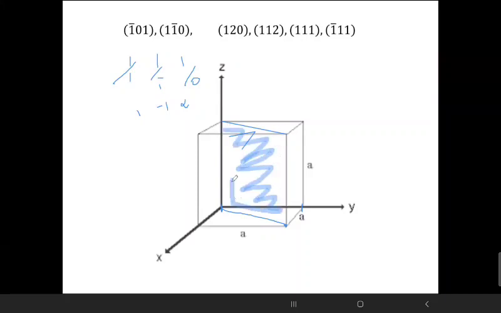So this is your plane. This is 1 bar 1 0.